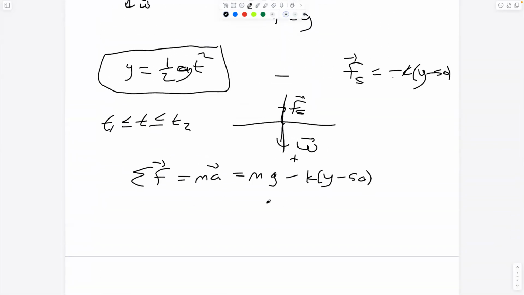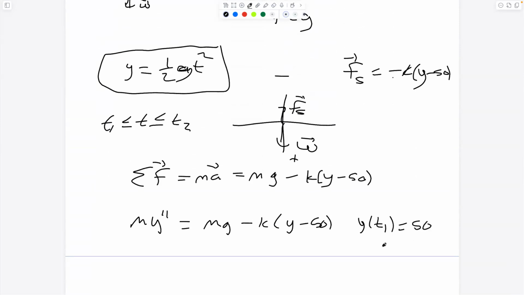Now we've got this dE, my y double prime equals mg minus k times y minus 50, with the initial conditions y at t1 is 50 and v at t1 will be y prime at t1.